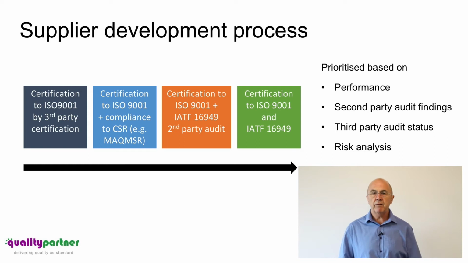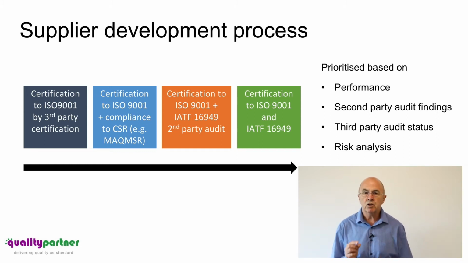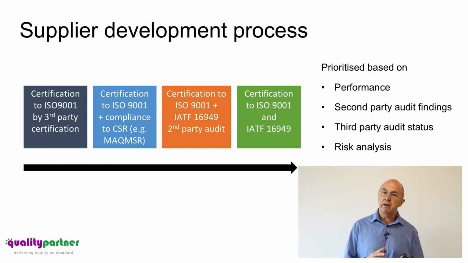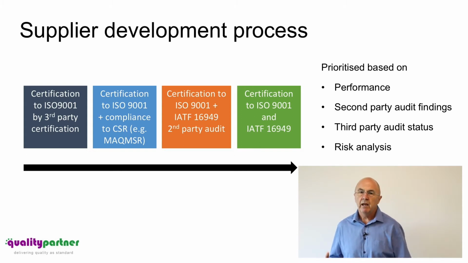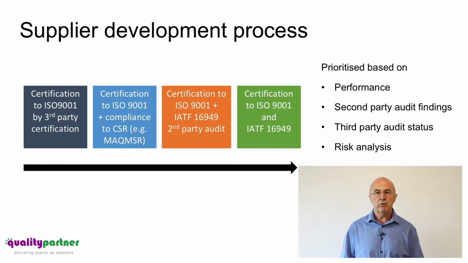The next phase is that even if a supplier has got ISO 9001, we're looking now to further develop that supplier, maybe using some of the documents that are specified in customer specific requirements. So one of those is an example of a requirement that's specified by Ford and by Chrysler, which is MAQ MSR. Now I see this document as a halfway house between ISO 9001 and IATF 16949.